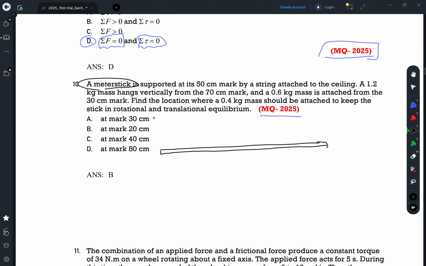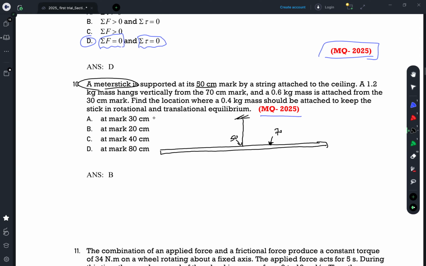Supported at its 50 centimeters. So we are going to support it from the midpoint, 50 centimeter, in here. So this is the 50 centimeter point, to the ceiling, yes. A 1.2 kilogram mass hangs vertically from 70 centimeters. So from 70 centimeters, somewhere in here, a mass is attached.